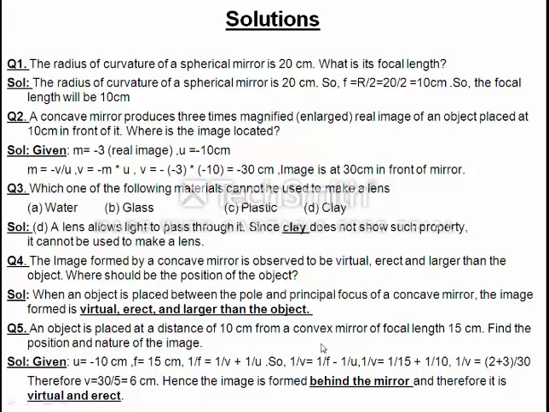You know that a convex mirror is a diverging mirror and a concave mirror is a converging mirror. So the object is placed at a distance of 10 centimeter from a convex mirror, meaning u is minus 10, and we know that a convex mirror has positive focal length. Whenever it is given to find the position, we have to find v. And when we find v, we will obviously come to know the nature of the image.